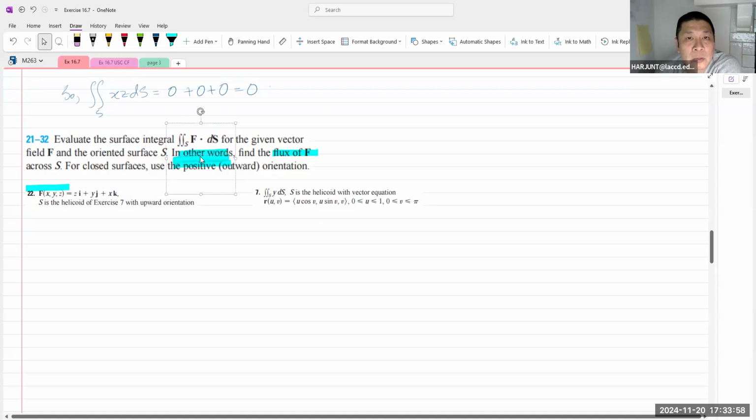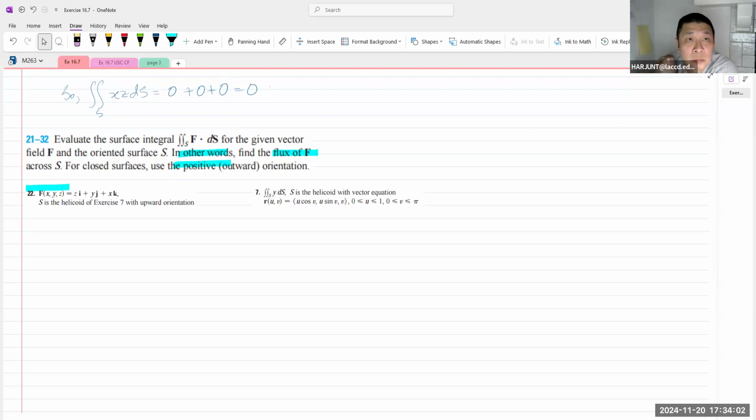Okay, so we have this vector field F, that's z, y, x. And the surface S is the helicoid in exercise 7. I copy paste that here. This is the helicoid here.